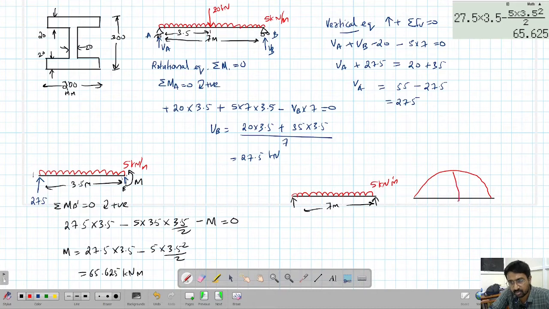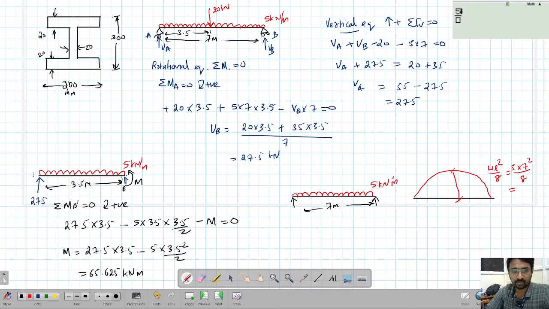The maximum bending moment will be at the center, that is WL square by 8. So this is 5 into 7 square by 8. What is this value? 5 times 7 square is 49 by 8. So this is nothing but 30.625 kilonewton meter.